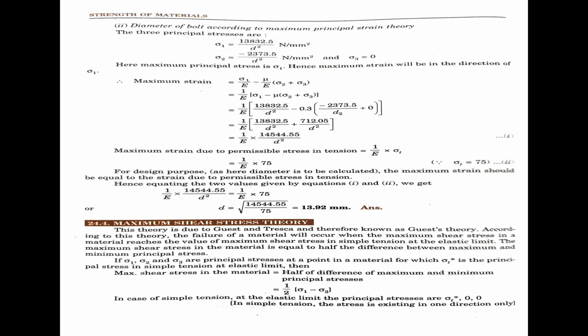For design purpose, as the diameter is to be calculated, the maximum strain should be equal to the strain due to permissible stress in tension. Hence, equating the two values given by equation 1 and equation 2, we get 1 by E into 14,544.55 divided by D square equal to 1 by E into 75.